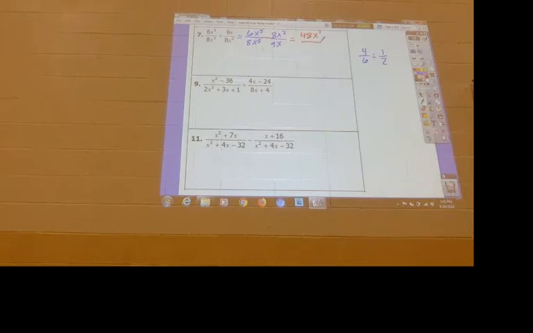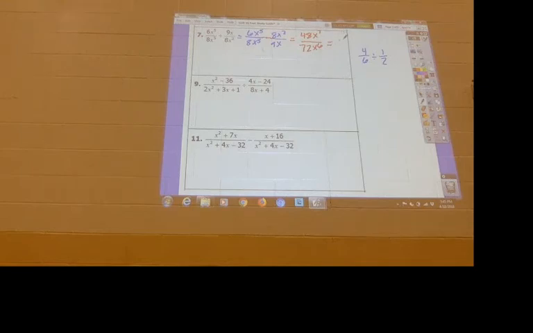Actually, I've seen maybe 2 problems like this on the test. Okay, then I get 72x to the 6th power. That is not simplified.